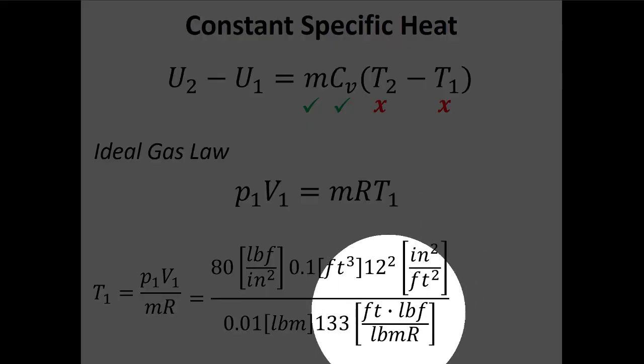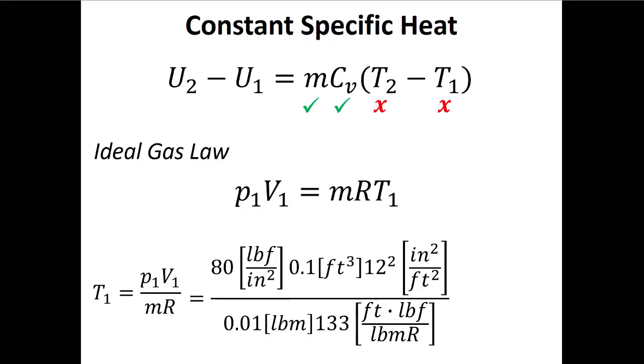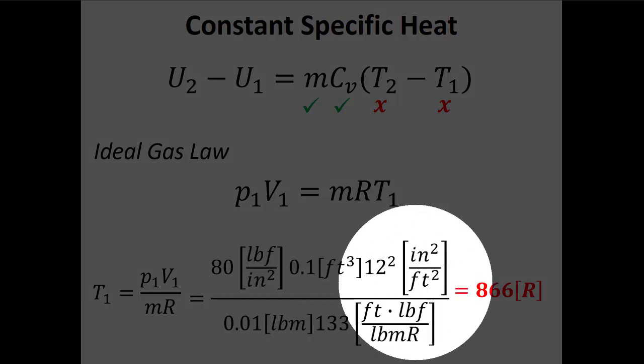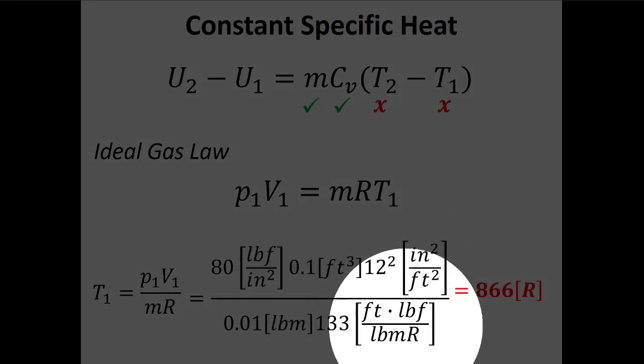I can check my units for R. Again, there's pounds mass in here and not pounds mole. So I know that this is the specific gas constant and not the universal gas constant. So here I look at this, and I see that all the units in the numerator drop out and everything in the denominator drops out except I would have 1 over Rankine.